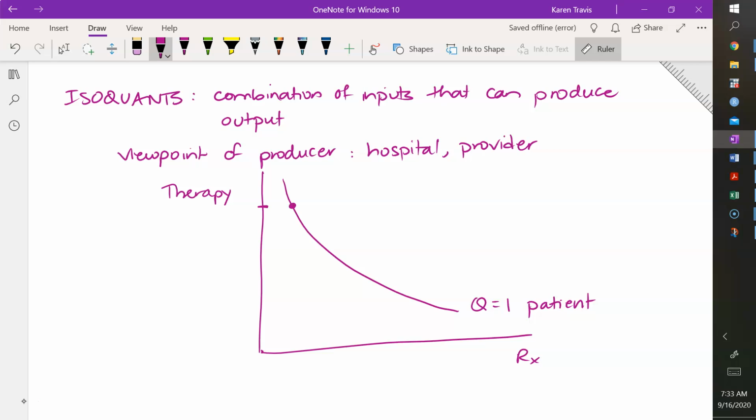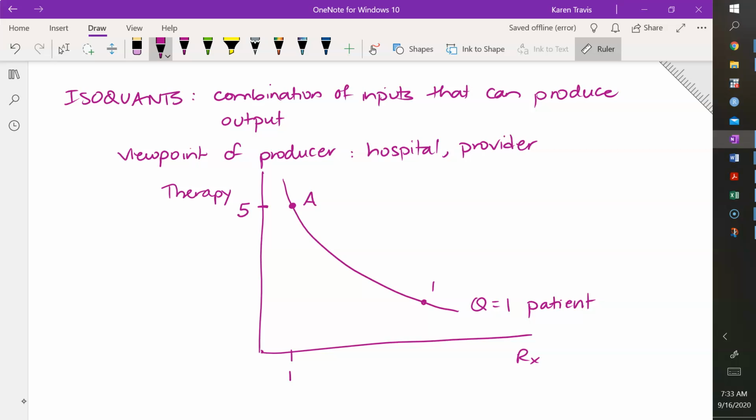Let's suppose this point represents the option of using one prescription with 5 therapy visits. Now, every point on the isoquant is describing the same exact level of quality and patient outcome.